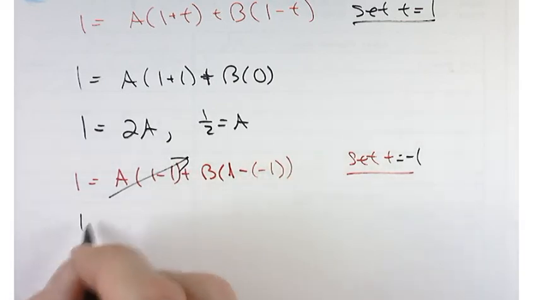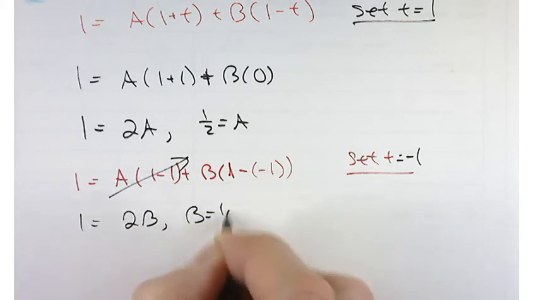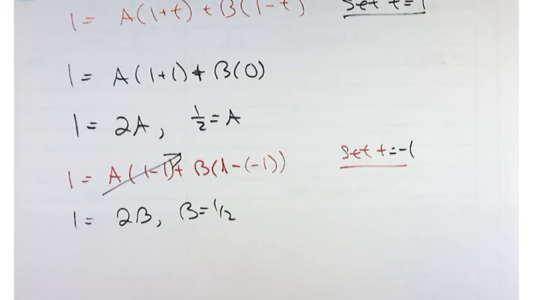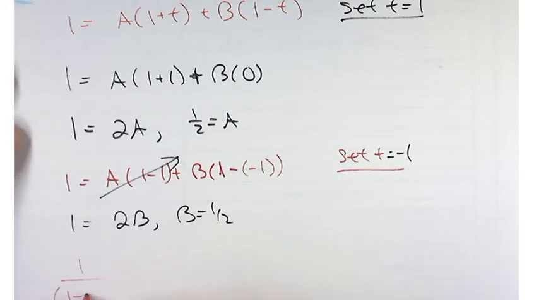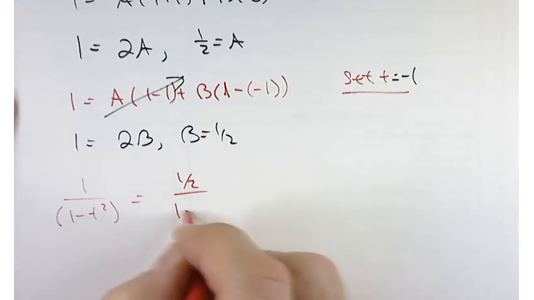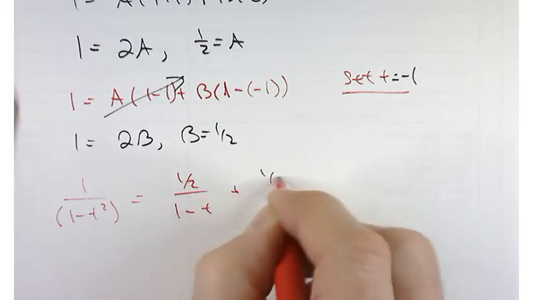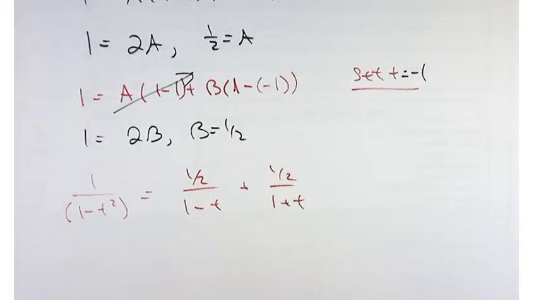That disappears. I get 1 equals 2B, so B equals 1/2. So both of those are 1/2. Yay! That means 1 over (1 minus t squared) can be written as 1/2 over (1 minus t) plus 1/2 over (1 plus t). That's what I wanted to get out of all this.